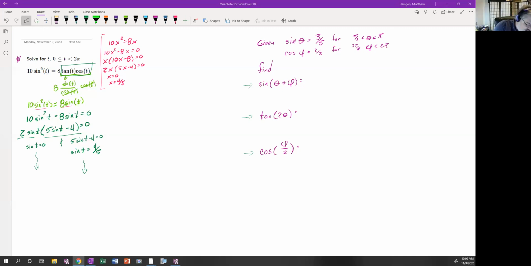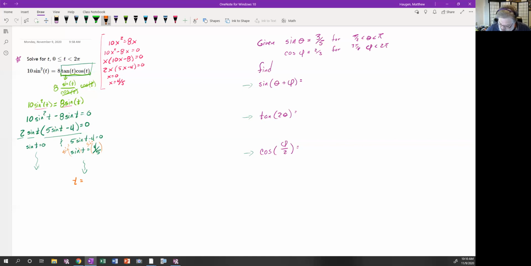Let's go ahead and do that 4/5 real quick. Just do one of them there. We would be doing that sine inverse. So we'd have t equals whatever the sine inverse of 4/5 is. 4/5 is not one of our standard angles, so we would have to figure out an approximation for that.